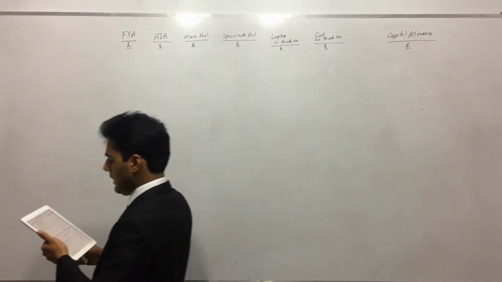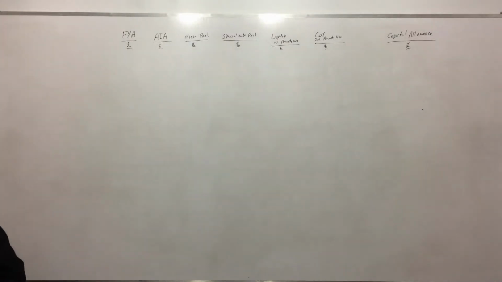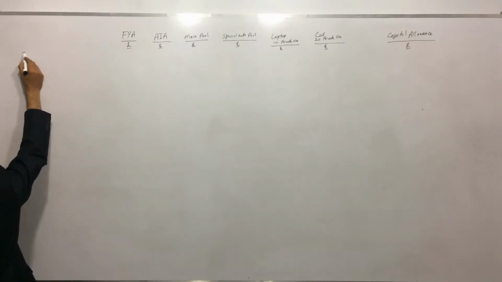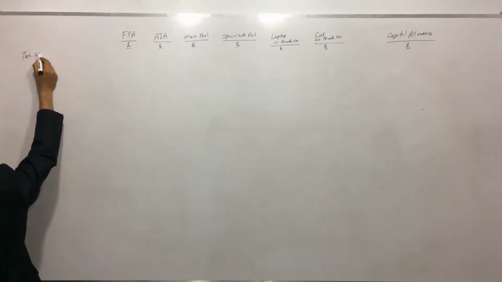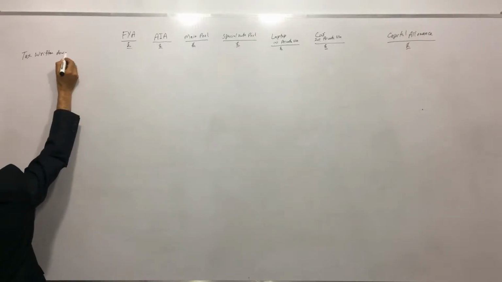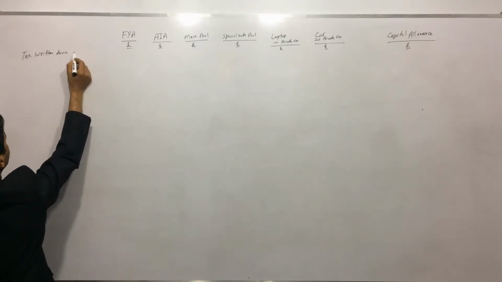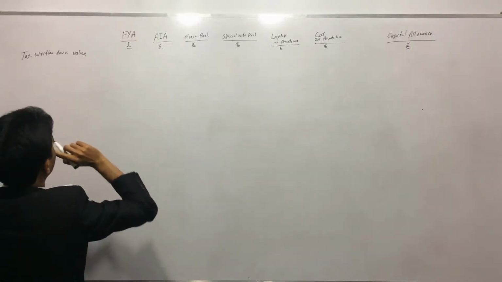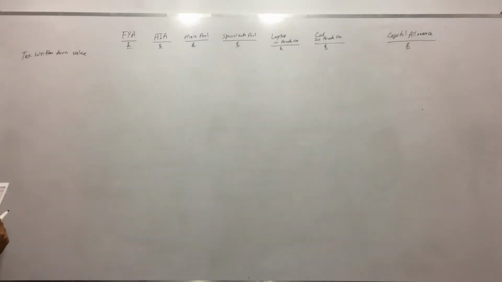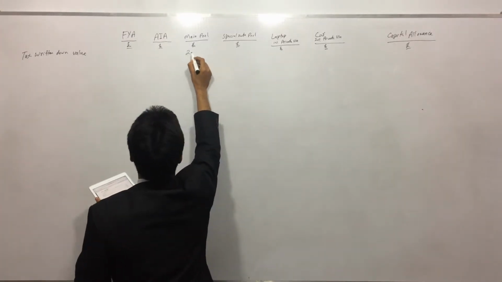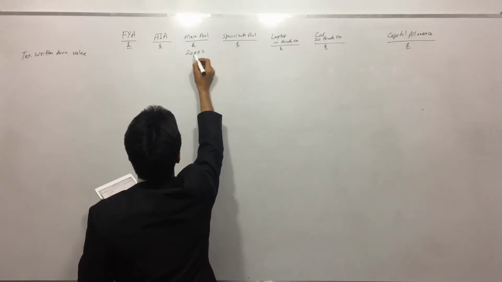First of all, let's start with the opening balances, please. You can write it down as tax written down value. So, how much is it? Main pool is £20,000, so I will put £20,000 under this one.